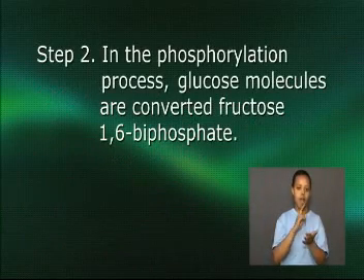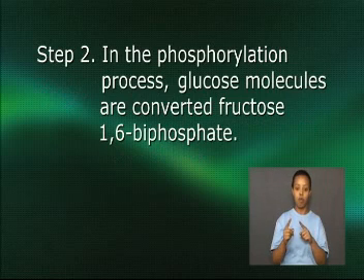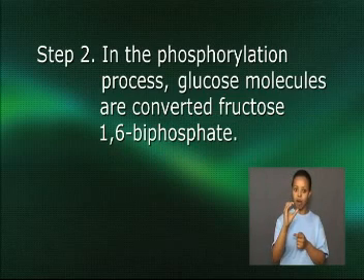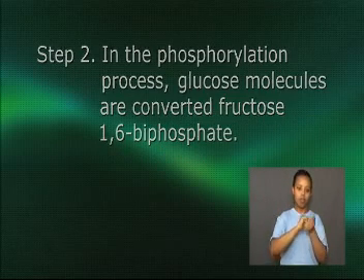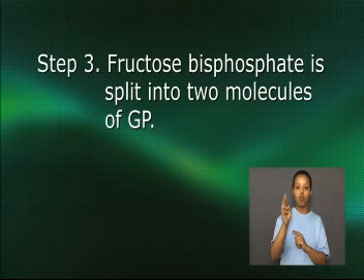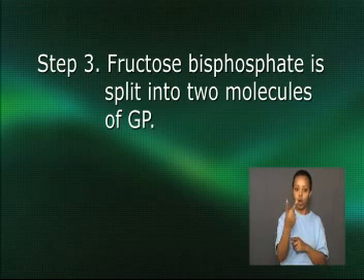The second reaction is where glucose molecules are converted into another 6-carbon sugar molecule. The third reaction we talked about is that fructose 1,6-biphosphate is split into 2 molecules of GP.